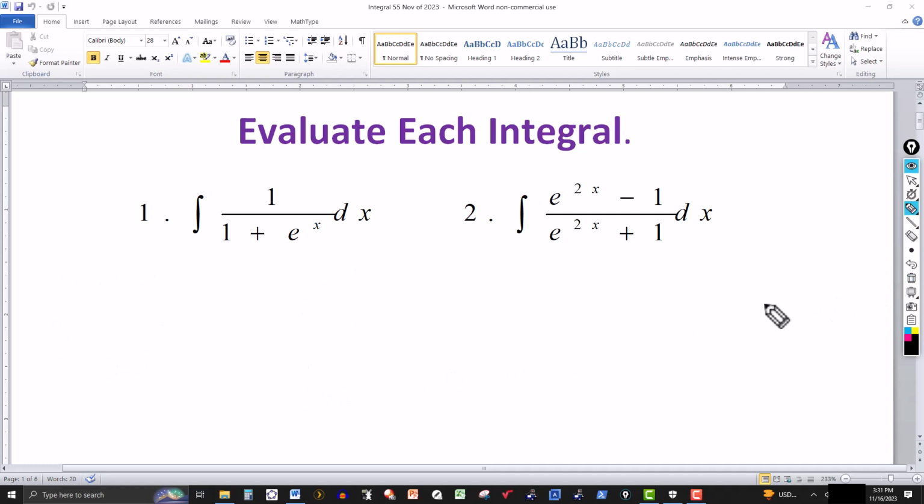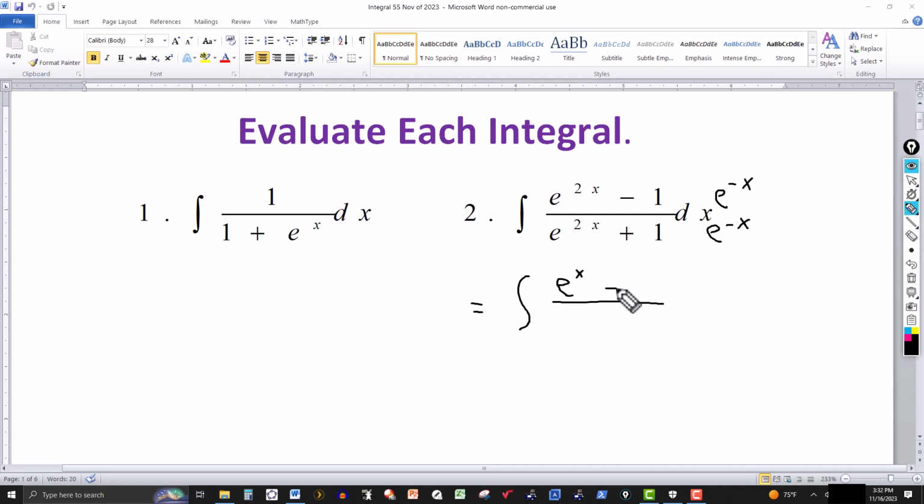Now for the next one, the same way, if I let u equal what's in the denominator, that won't work. So let's try the same thing here. I'm going to multiply by e to the minus x in the numerator and e to the minus x in the denominator. So let's see what we get here. e to the minus x times e to the 2x in the exponent, so that'll be e to the x.